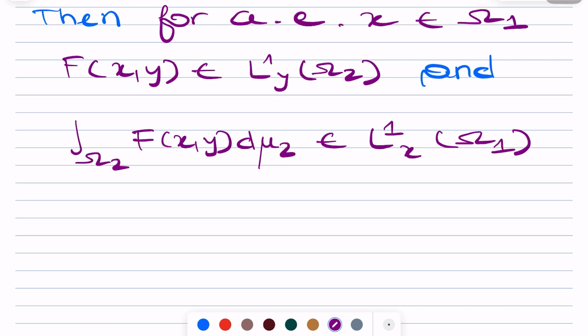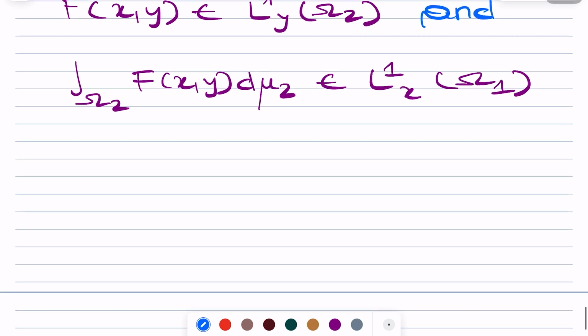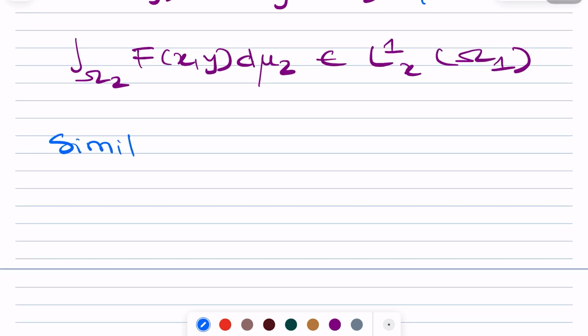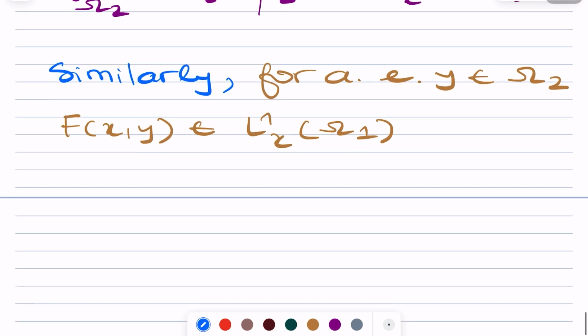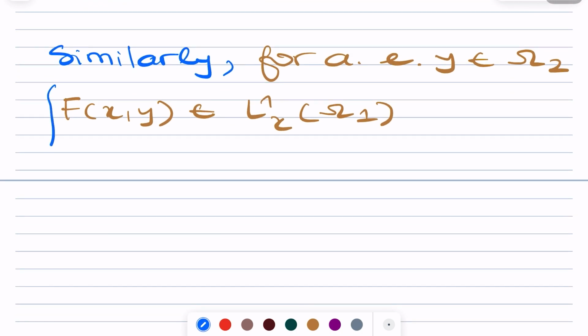Similarly, it also works the other way around: for almost every y in Omega 2, f of x, y is in L1 x of Omega 1, and the integral over Omega 1 of f of x, y, d mu 1, is integrable with respect to y.